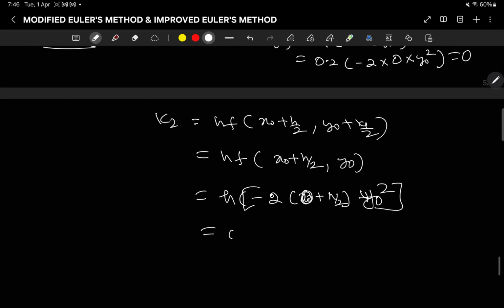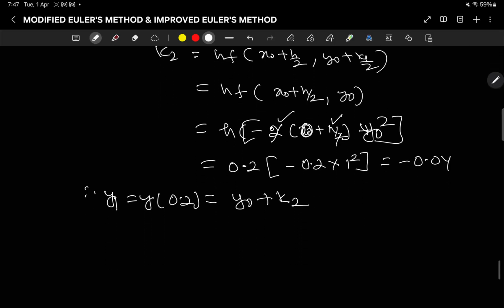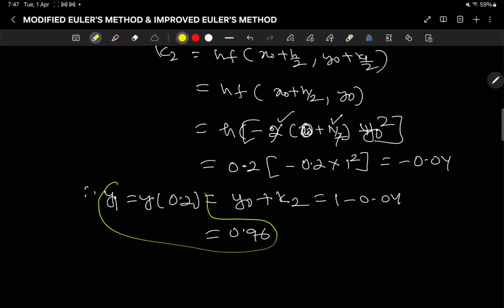If you substitute, it is 0.2 into minus h, simply h is 0.2, into 1². So this is minus 0.04. Therefore what is your y1? y1 is y(0.2), equal to y0 + k2, so this is 1 minus 0.04, which is 0.96. So my y1 is 0.96.